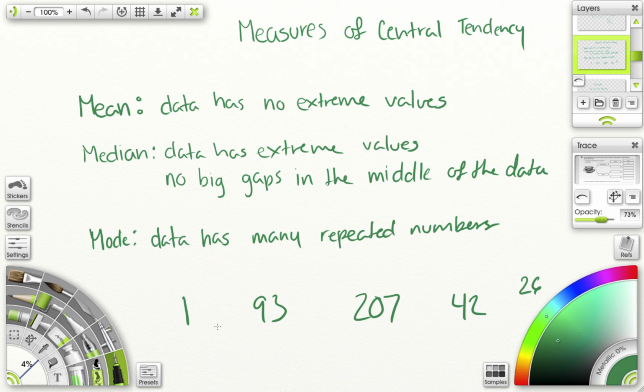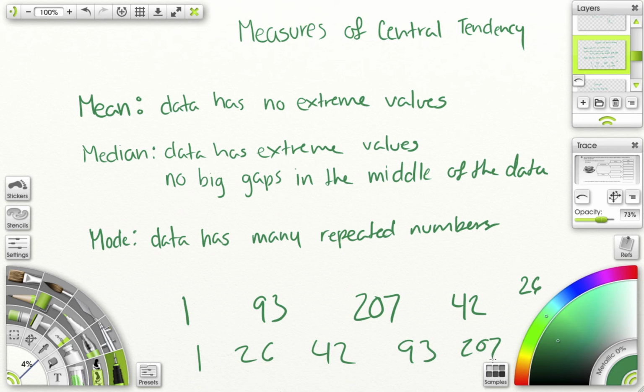There are big gaps in this data if I order them from least to greatest: 1, 26, 42, 93, and 207. There are huge variations from one number to the next. So in this case, it would be a little bit tricky to use median because there are so many big gaps, or a big gap in the middle of the data.